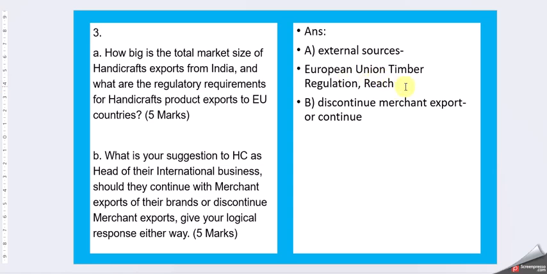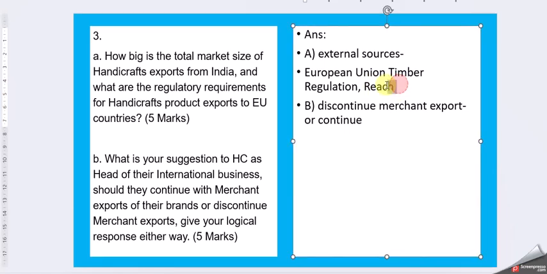This is a standard applicable to products: if there are any lead contents or certain restricted materials in the components, they are not allowed in the EU.